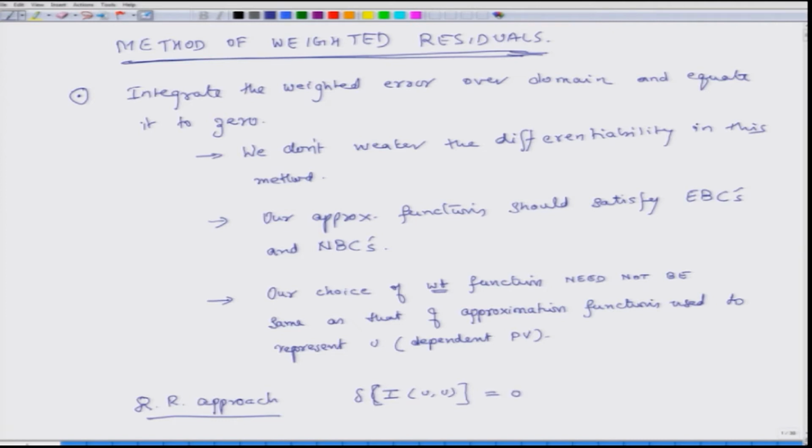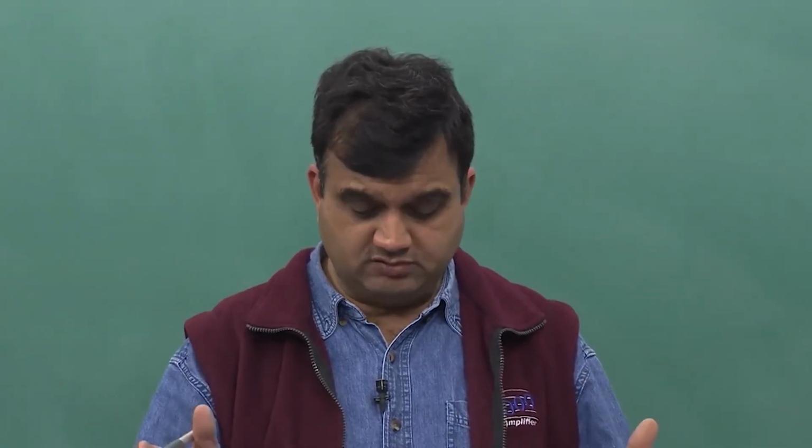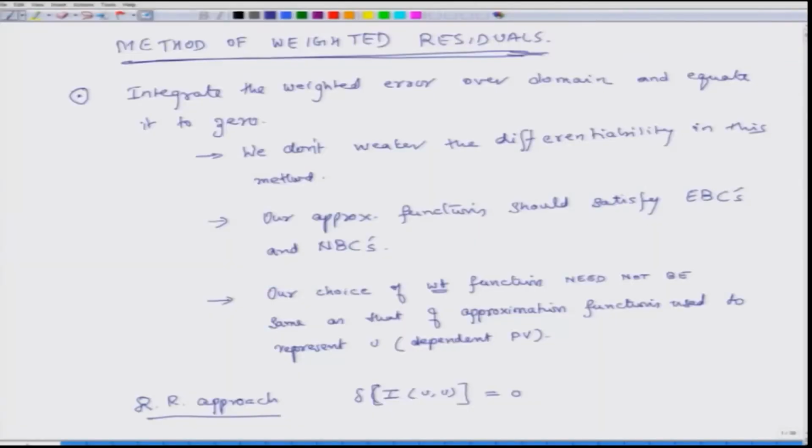When we take this variation, the interpretation that the first variation of this bilinear symmetric operator I is equal to 0 is that there is some function which is getting minimized. There is no reason to think that all functionals will be necessarily bilinear and symmetric.